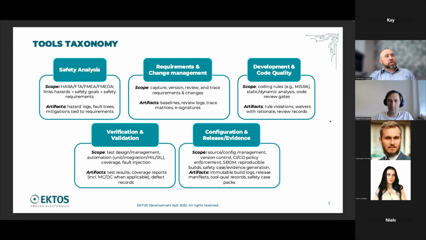Then we go to the requirements and change management tools branch, and we need to be able to capture and store the requirements, review them, trace them down, and do change management. So when something changes, we can trace it down, and the artifacts we normally generate are baselines, review logs, trace matrices, and some signatures when we make a snapshot of the requirements to be able to start a particular sprint or gate of developing the projects.